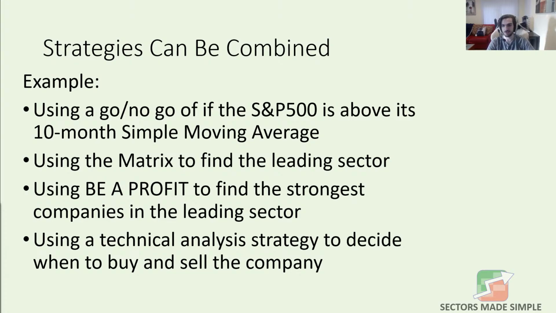When it is, I go to the matrix to find the top sector. Then I go to a screener and find companies in that leading sector that have Be a Profit. And out of those companies, I use technical analysis to find companies that are on a buy signal. It takes a lot of information but turns it all into very simple steps.